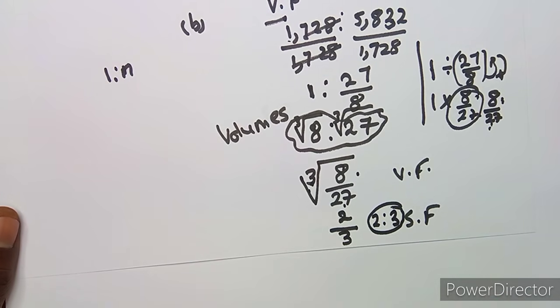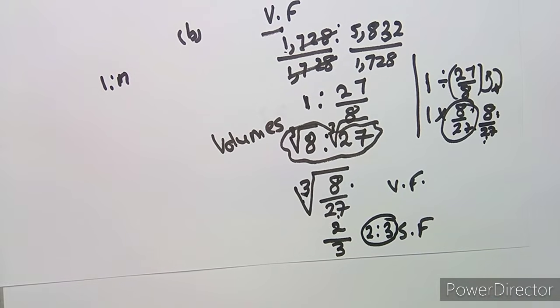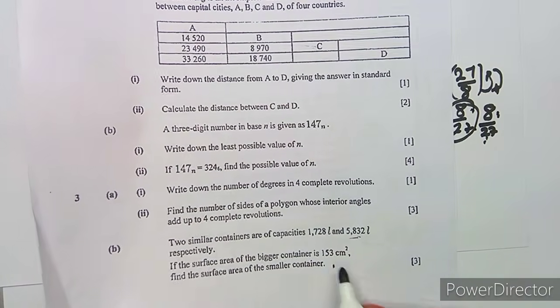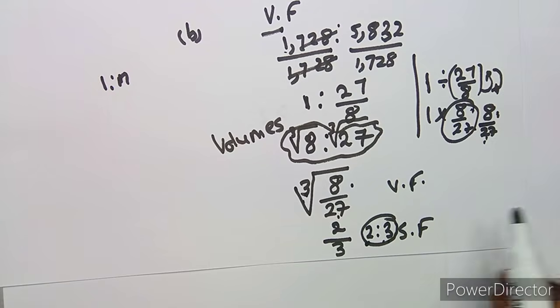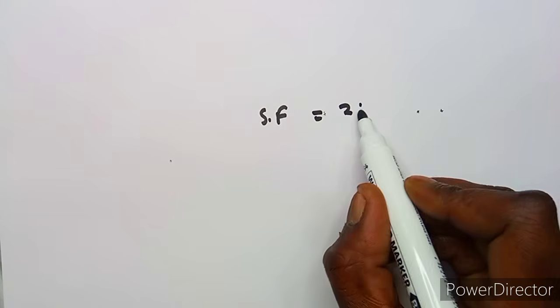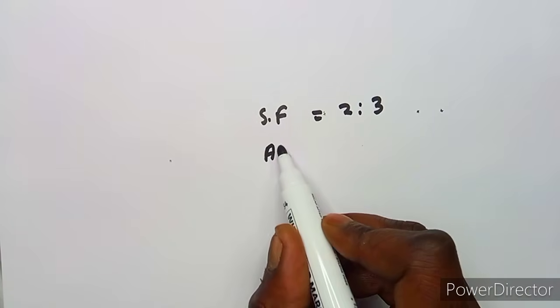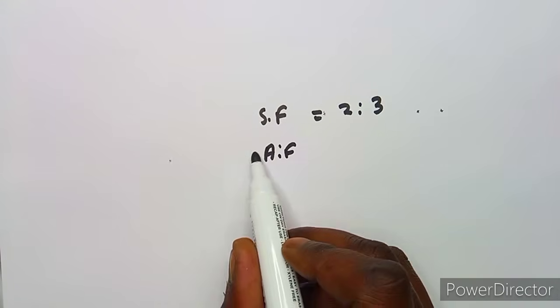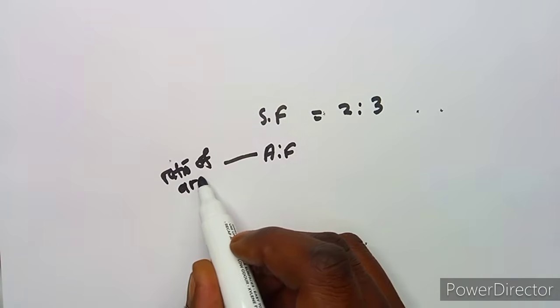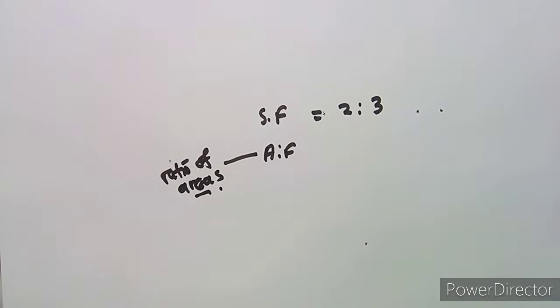This is the ratio of just the lengths of the containers. But you are given area, which means you have to find the area factor from this scale factor. So our scale factor is 2:3. Therefore, what is the area factor? The area factor is the ratio that you're going to use to calculate areas.